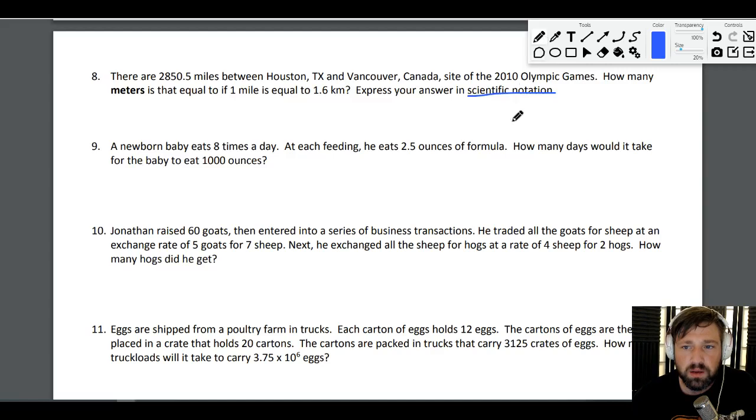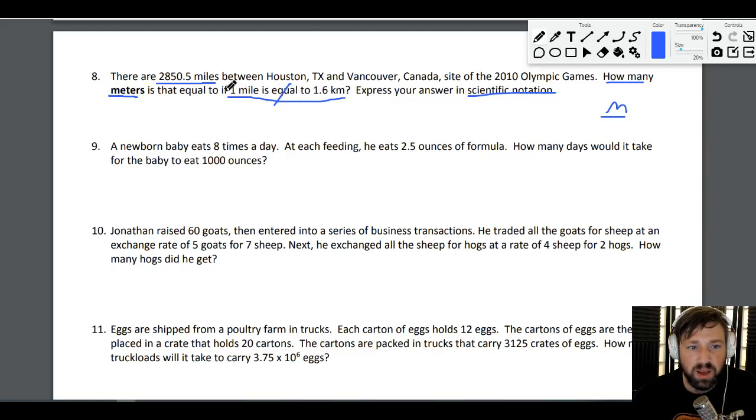What are we looking for? Step one. What are we looking for? Right. How many meters? So we know our end goal is going to be in meters. And then what do we have? Well, we have one variable, one thing that we know, a measurement. And then we have this conversion. We know that 1 mile is 1.6 kilometers.